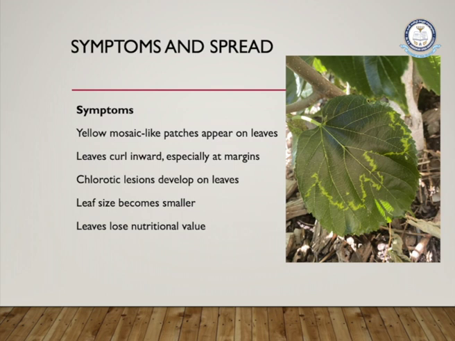The leaf size will decrease, and the quantity and quality of the leaf will decrease in mosaic disease. Due to this, the nutrition value also decreases; that is the result of leaf curling.